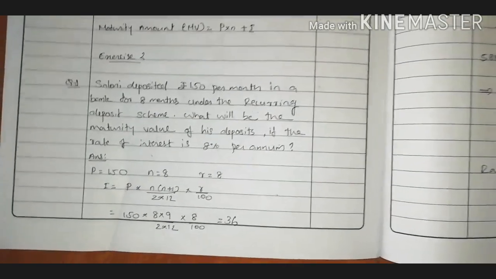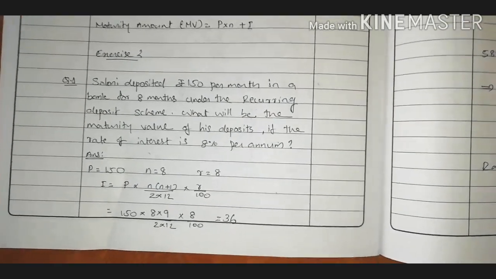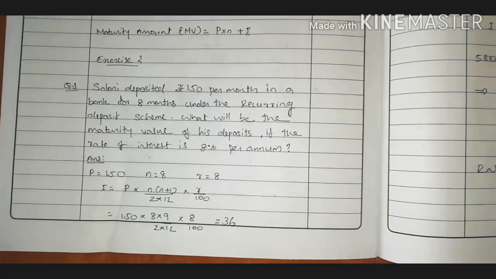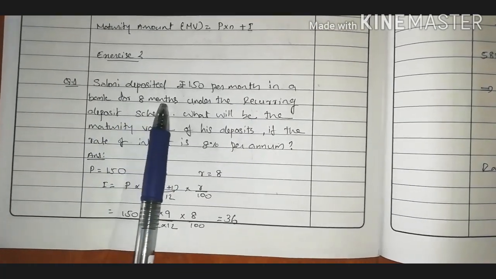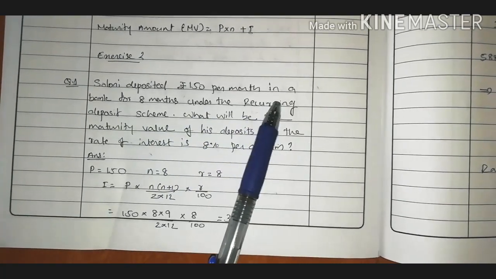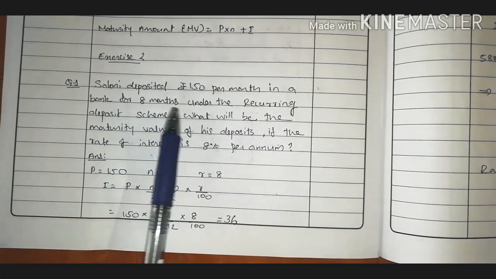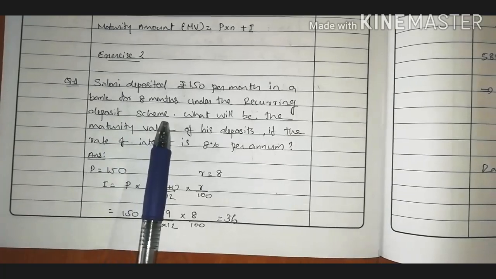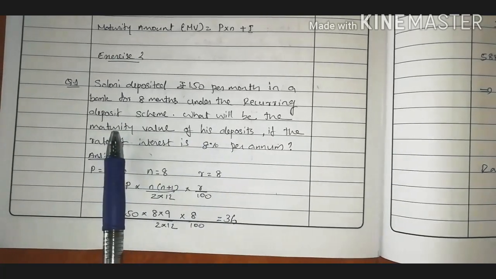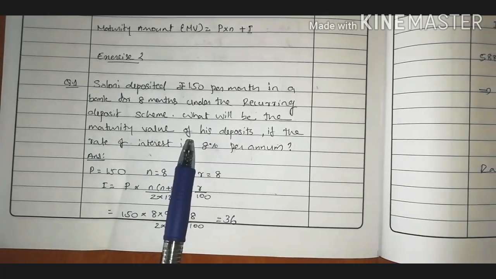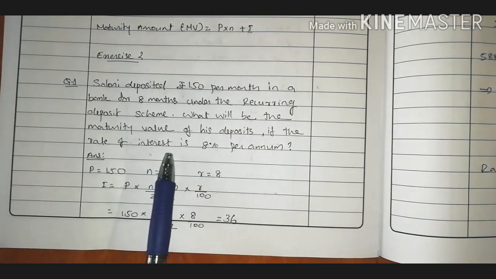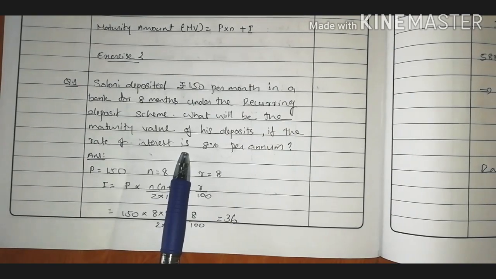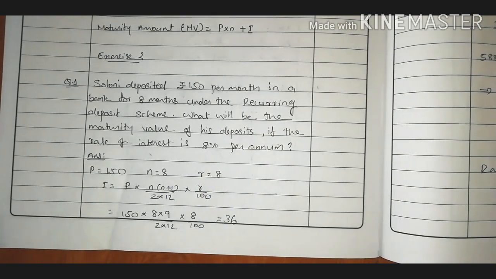Now we can discuss a few problems related to the cumulative deposit account. First question: Sonali deposited rupees 150 per month in a bank for 8 months under the recurring deposit scheme. What will be the maturity value of her deposit if the rate of interest is 8% per annum?